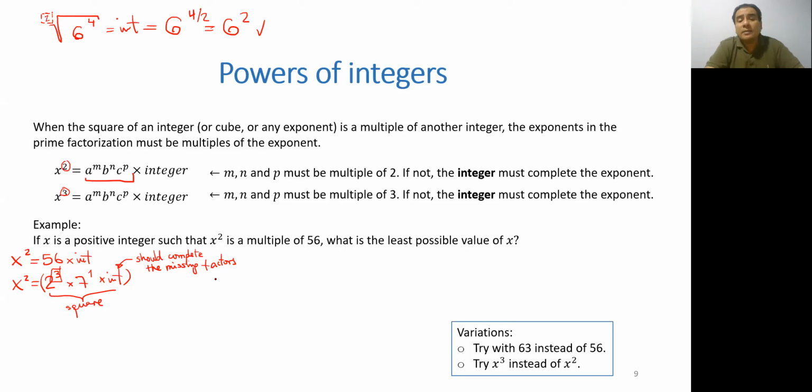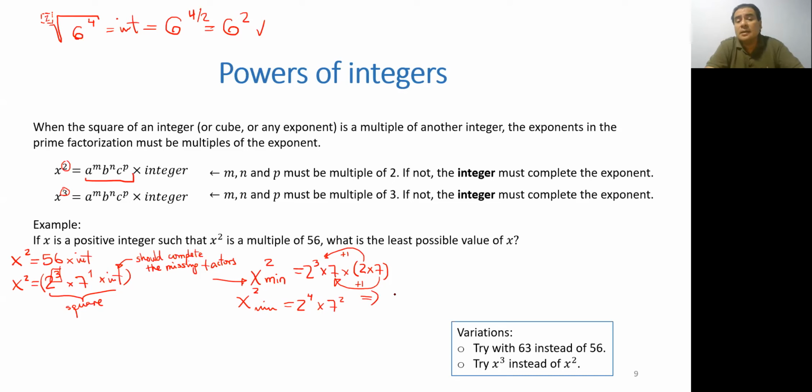So what are then the minimum factors we need to complete so that x squared has its minimum value? If we multiply 56 by 2 times 7, we are adding one more factor here, and we're adding one more factor here. So when we do the multiplication, you will have 2 to the 4th times 7 squared.